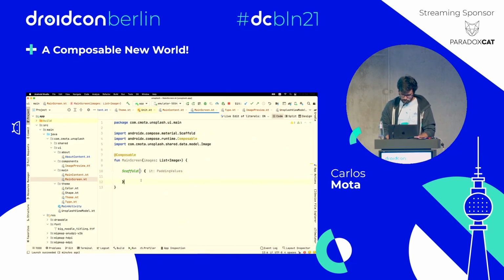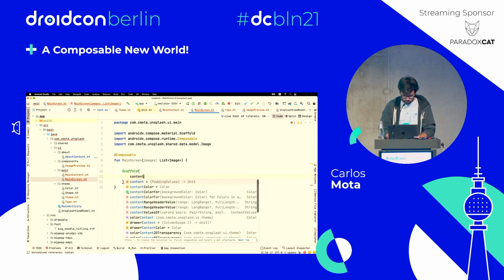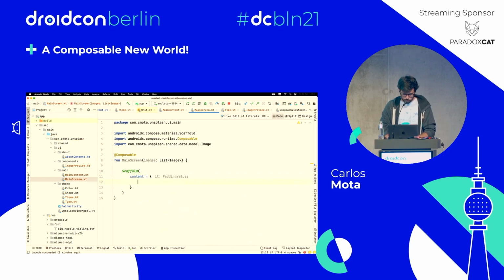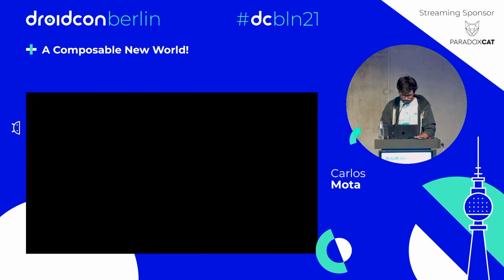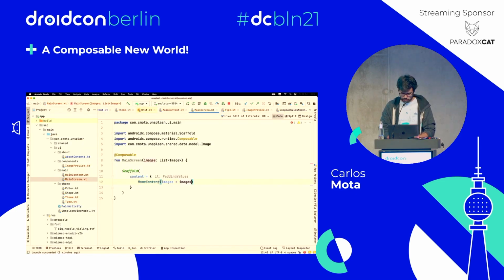So let's start by creating the content. We want to show the main content that we were sending before, home content, and we're going to send the images to home content.